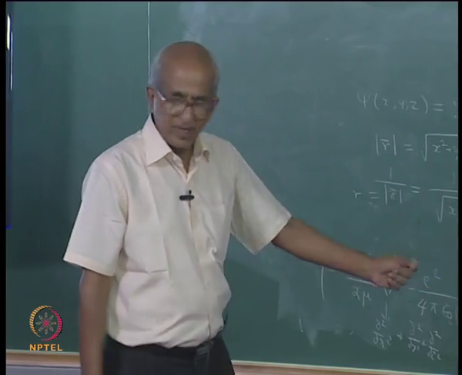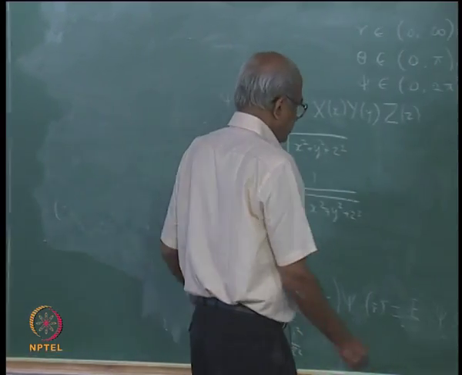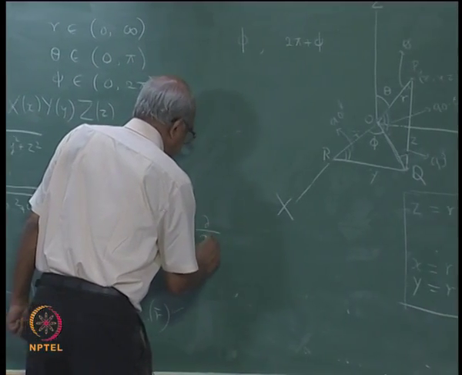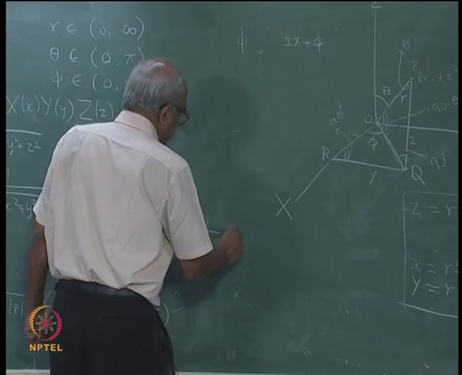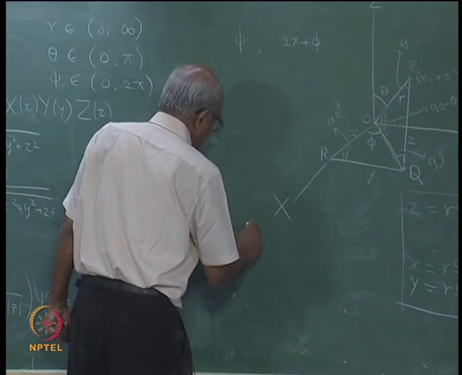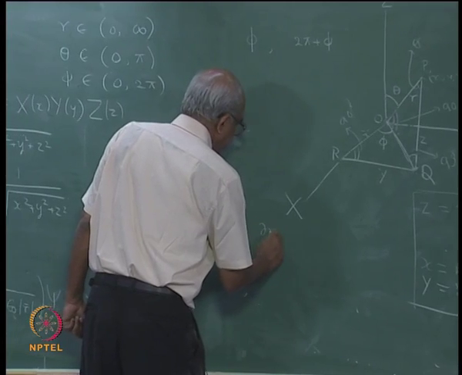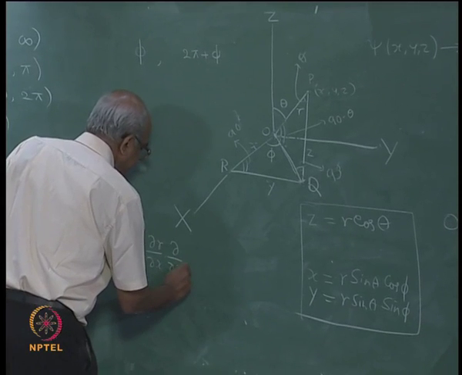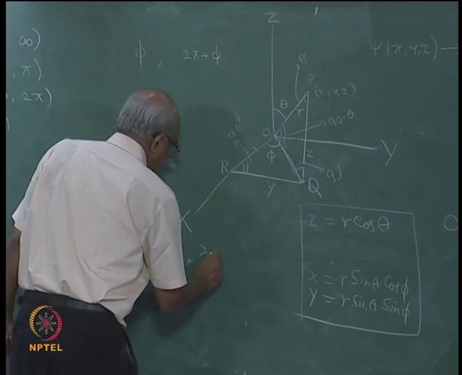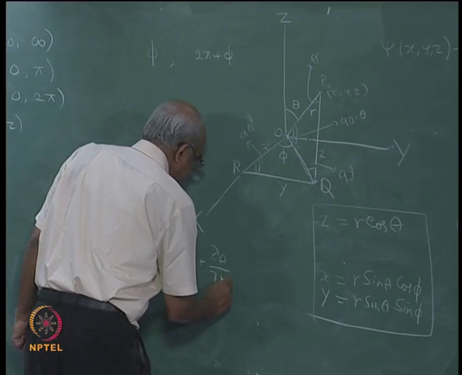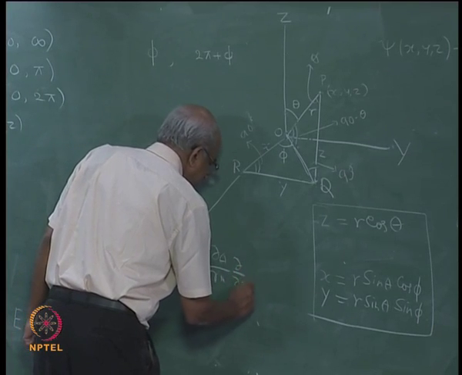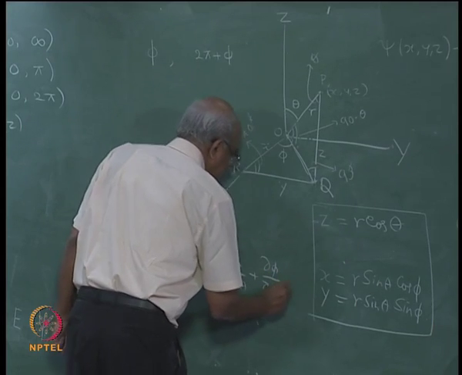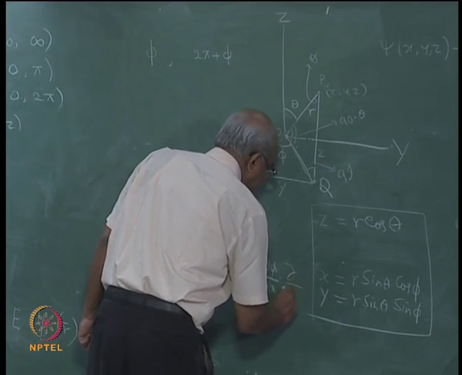Very lengthy algebra is involved here. So, I will not be doing the algebra, but let me just remind you how it may be done. So, you can say that dou by dou x, partial differentiation with respect to x, may be written as dou r by dou x into dou by dou r plus dou theta by dou x into dou by dou theta plus dou phi by dou x into dou by dou phi.